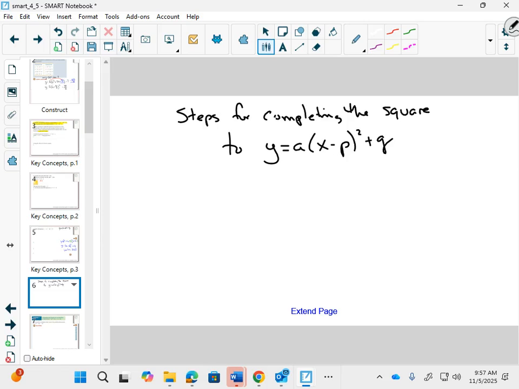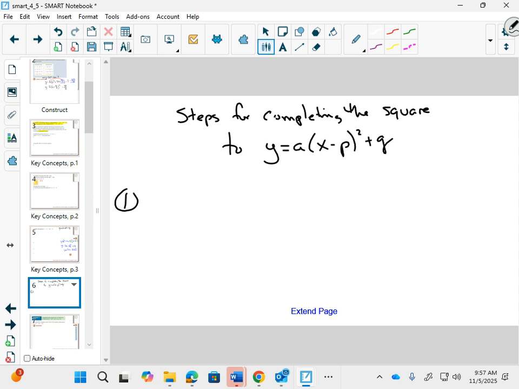The steps for completing the square with equations, when you solve by square rooting, is slightly different than the steps for changing to standard form. So I'll write the steps on one side, and then we'll do an example on the other side that shows the steps with numbers.